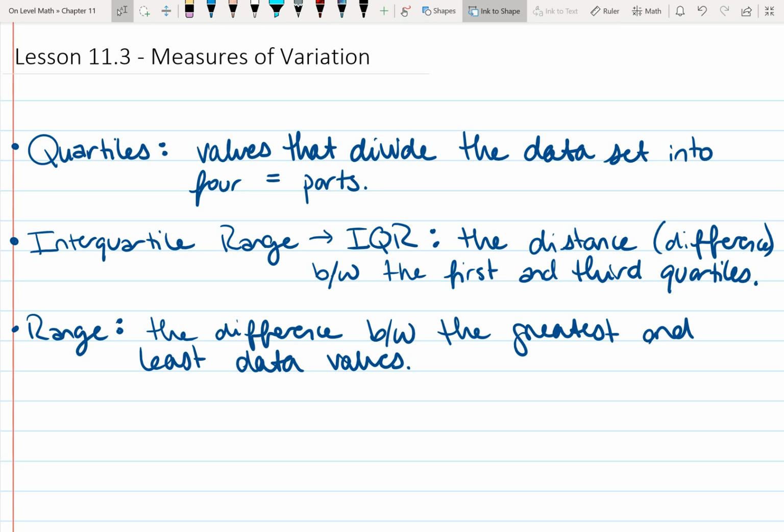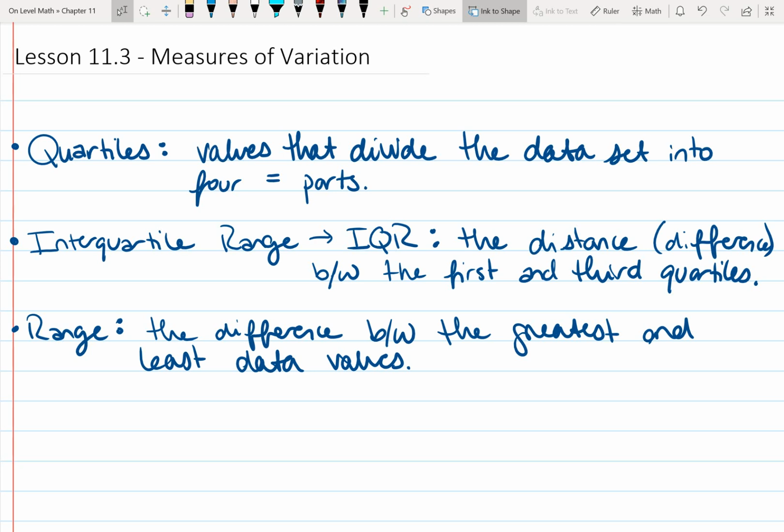So the first one is quartiles, values that divide the data set into 4 equal parts. Think quarter, right? Quarter of a game, there are 4. 4 quarters make $1. I'm just going to go through these, and then we'll talk about each of them as we go through the examples.